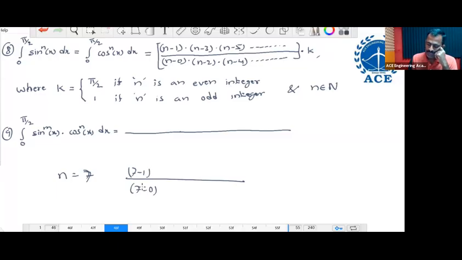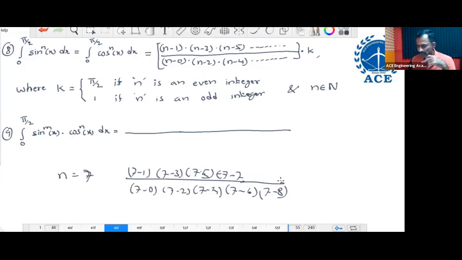Power minus 1 in the numerator, power minus 0 in the denominator, and then decrease by 2. 7 minus 1, 7 minus 3, 7 minus 5, next will be 7 minus 7. Here 7 minus 0, 7 minus 2, 7 minus 4, 7 minus 6, 7 minus 8.